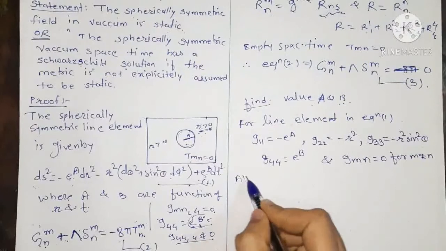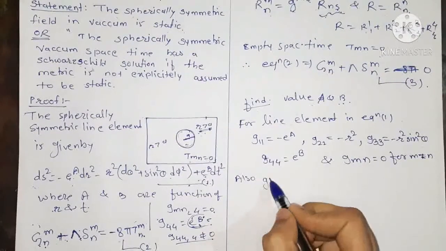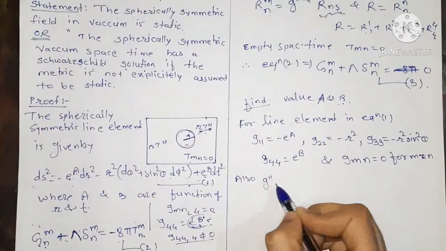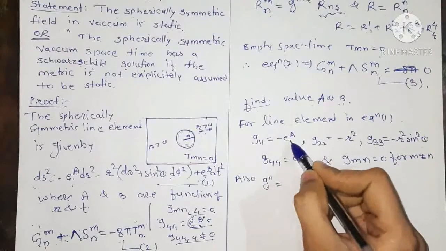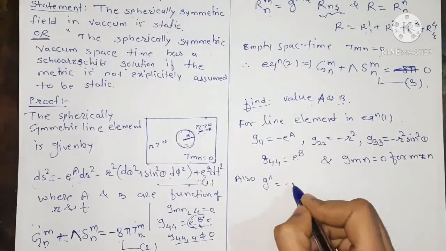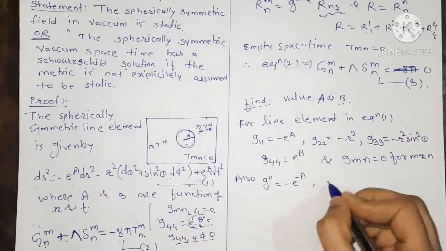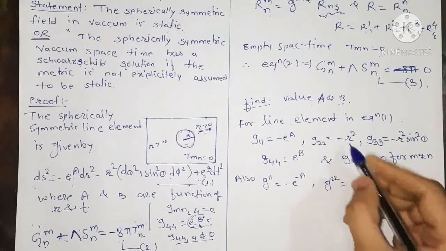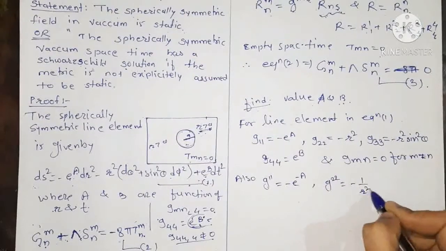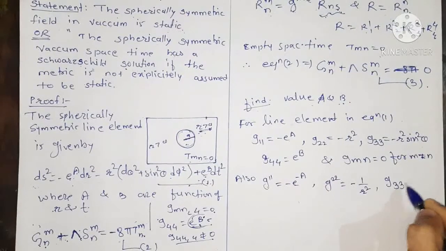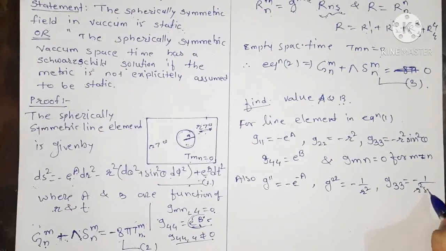Also, our conjugate metric tensor G upper suffix 1 1 is the reciprocal of this. So the reciprocal of this is nothing but minus e to the power minus a, G upper suffix 2 2 is nothing but minus 1 upon r square. G upper suffix 3 3 is equal to minus 1 upon r square sine square theta.